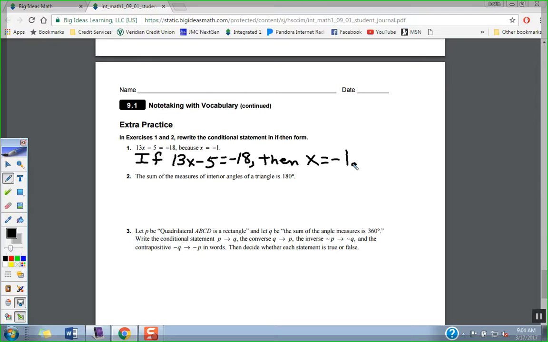Okay, this next one's a little bit more difficult. I'm going to write this down. You might say something to the effect of if the sum of interior angles is 180 degrees. That's my hypothesis. We have a shape. If the sum of the interior angles in a shape is 180 degrees, what shape must you have?